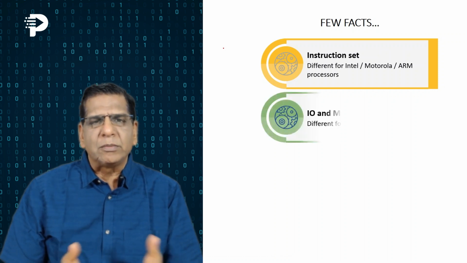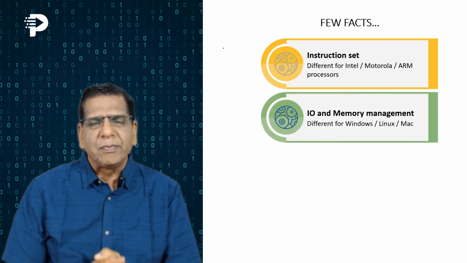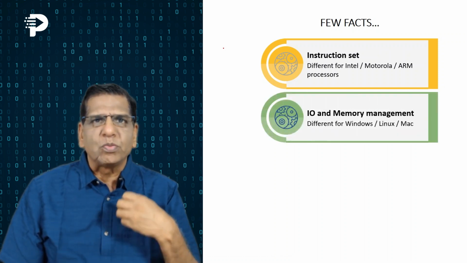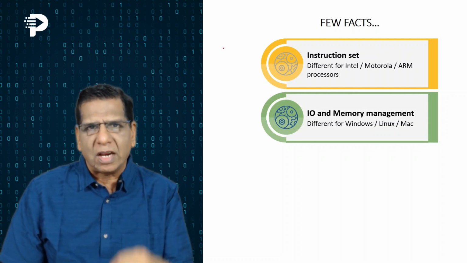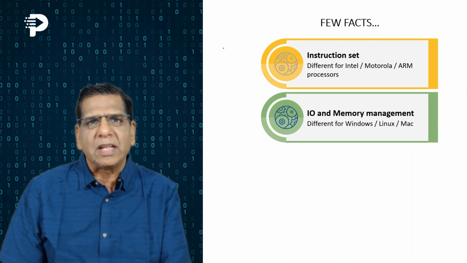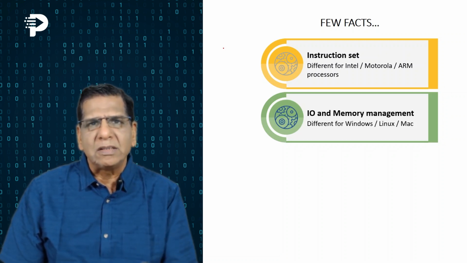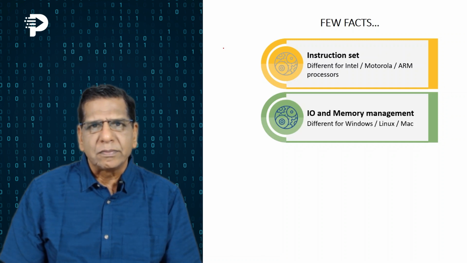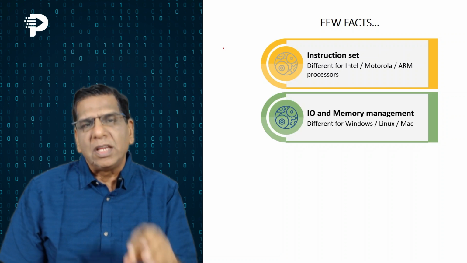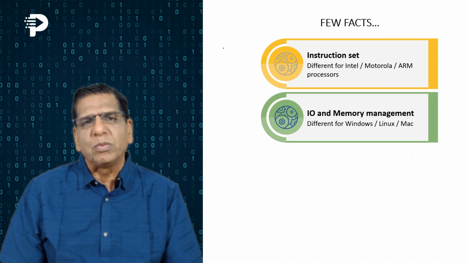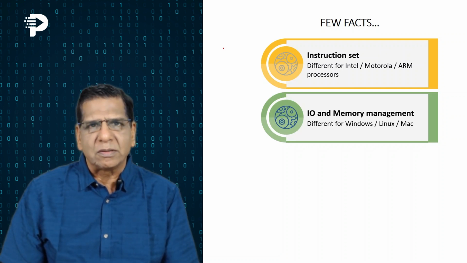Secondly, when it comes to the operating system level, then the way input-output is done on Windows is again different than the way it is done on Linux, is different than the way it is done on, let's say, Mac operating system. Not only the input-output, even the memory management is going to be different across operating systems.